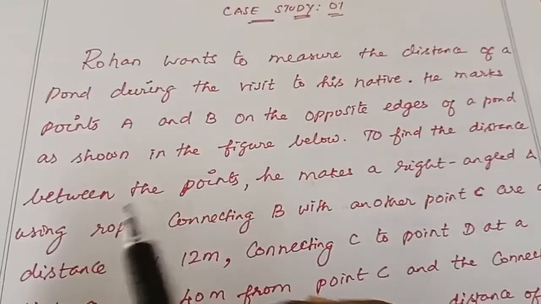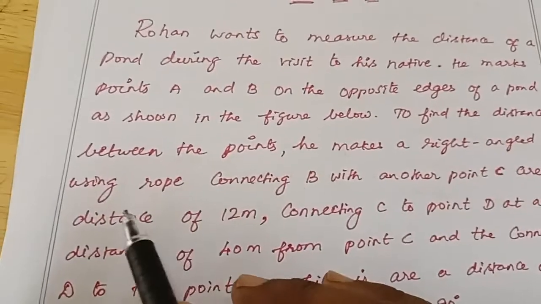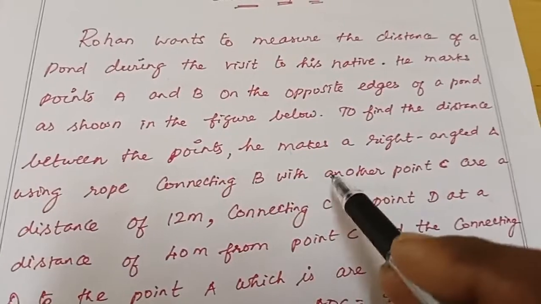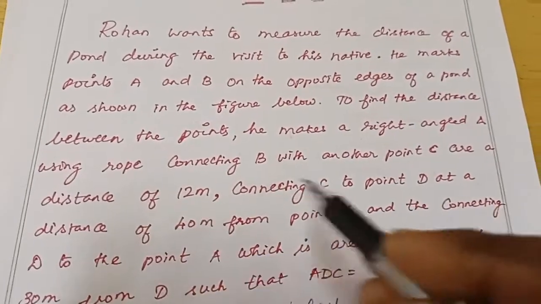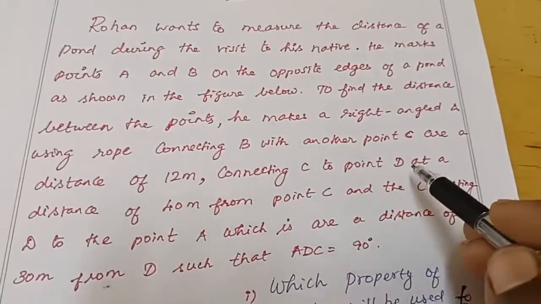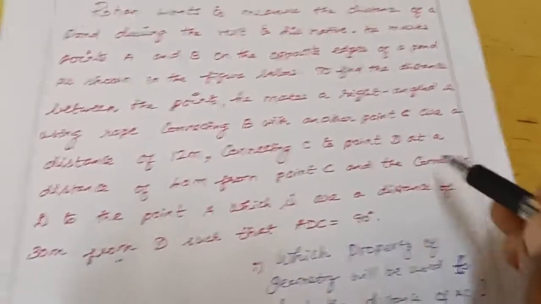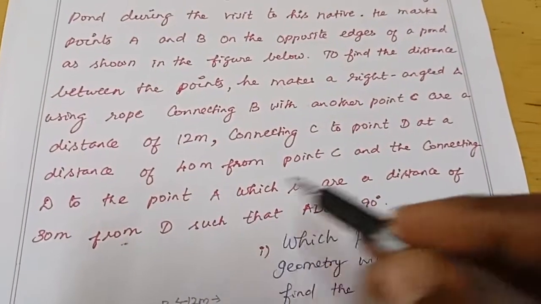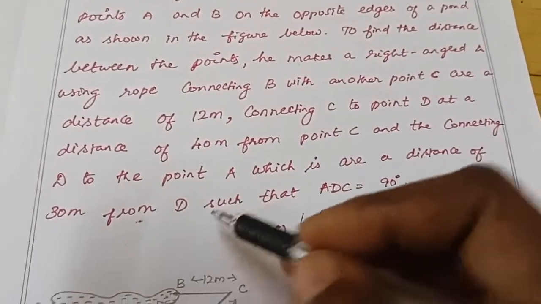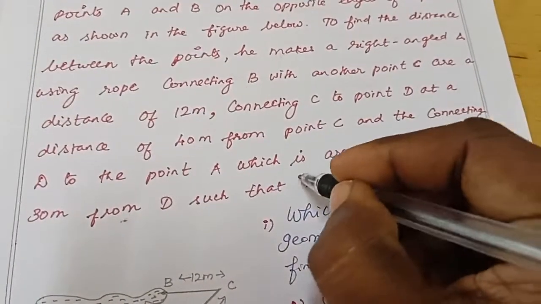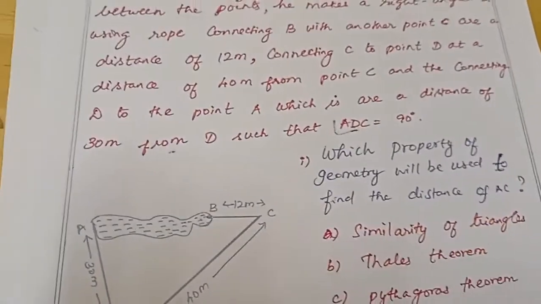To find the distance between the points, he makes a right angle triangle using rope, connecting B with another point C at a distance of 12 meter, connecting C to the point D at a distance of 40 meter from the point C. Then connecting D to the point A, which is at a distance of 30 meter from the point D, such that angle ADC is equal to 90 degree.